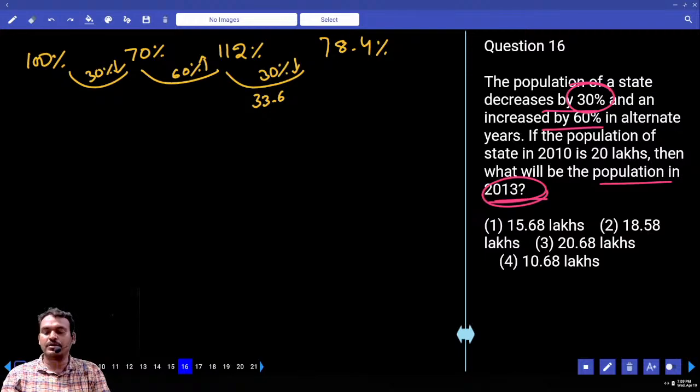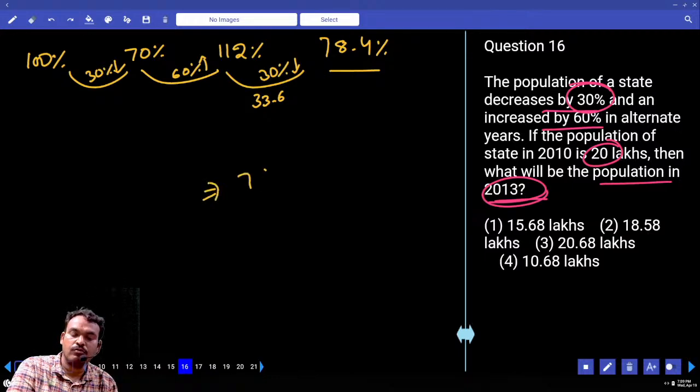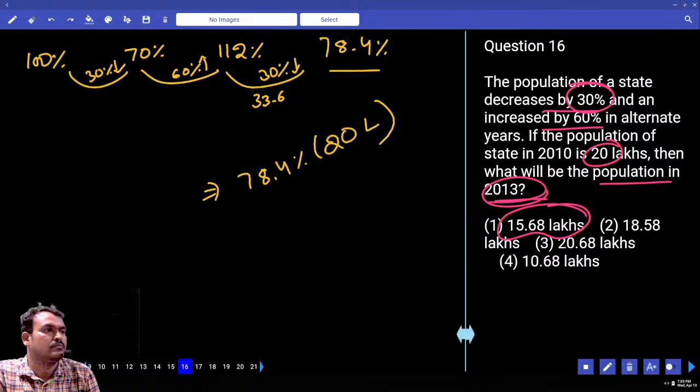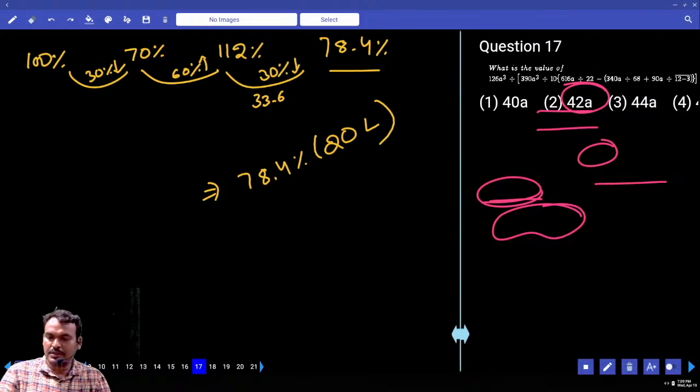Already we know the 100% value. What is the 100% value? 20 lakhs. But we required which one? 78.4% of how many lakhs we need? 20 lakhs or not? It will be double or triple? Double. What is the answer? 784, double 1568. Next question number 17.